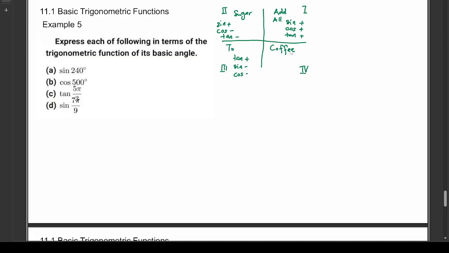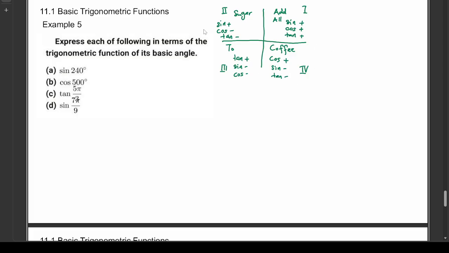And the last quadrant, C for cos. So in this quadrant, only cos of the angle 270 to 360 will be positive. The rest will be negative, which means sine of angles here will be negative. Tan of any angles here will be negative.